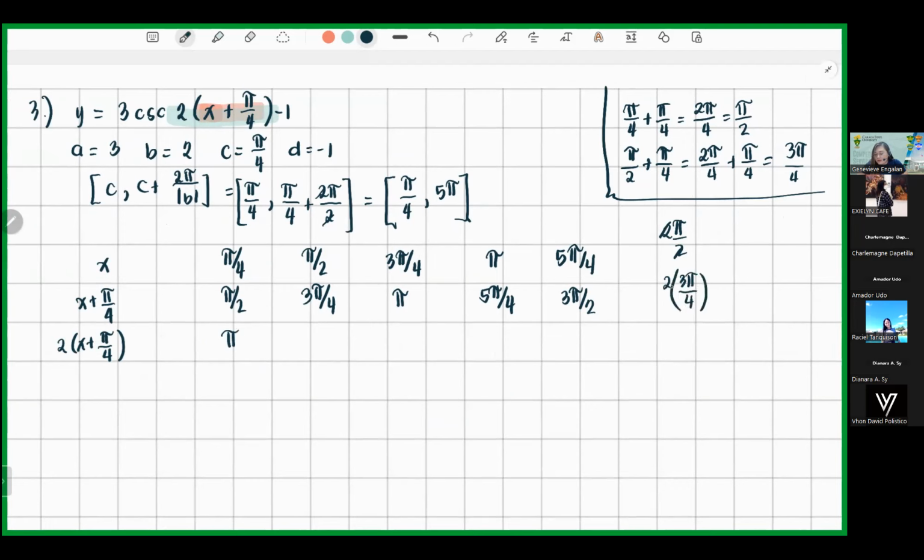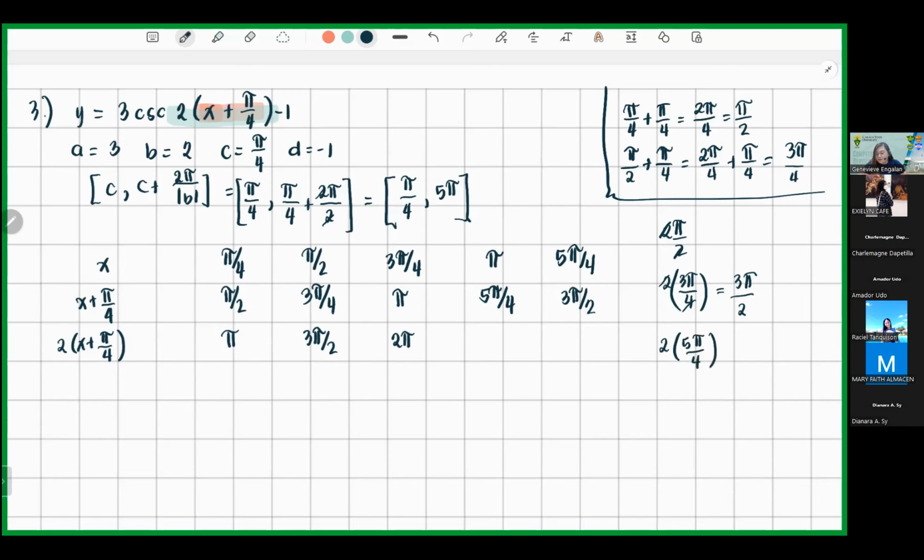The 2 and 4 cancel, and it becomes 3 pi over 2. Right? Next, pi times 2, that's 2 pi. Next, 2 times 5 pi over 4.